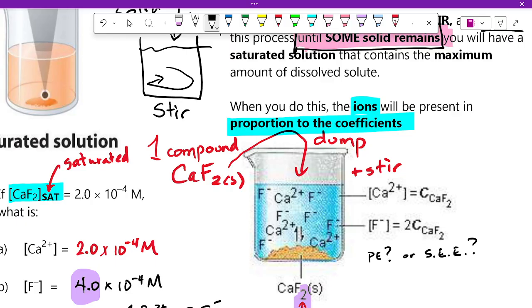Have we precipitated anything? No, there's been no precipitate. It's at equilibrium. We didn't mix two things to get a precipitate.